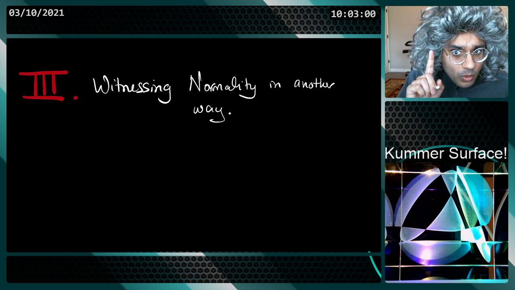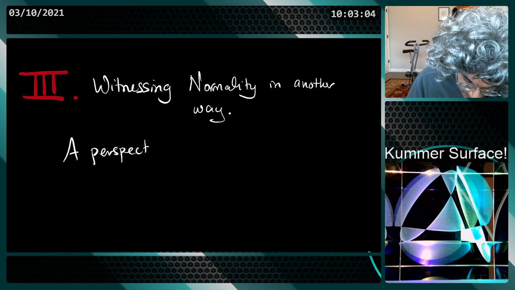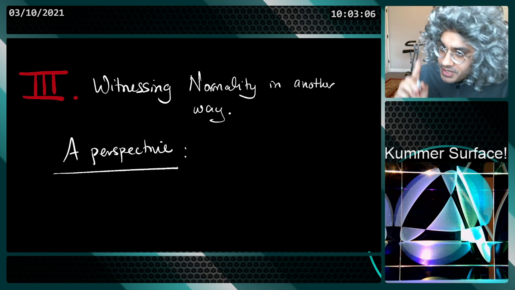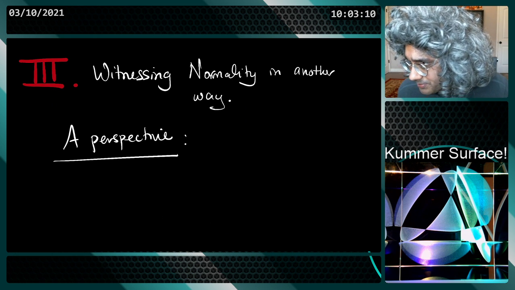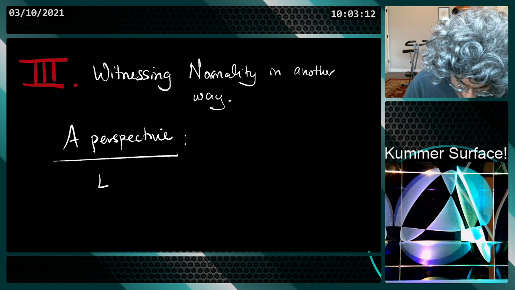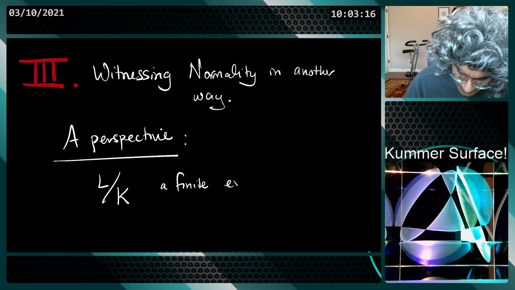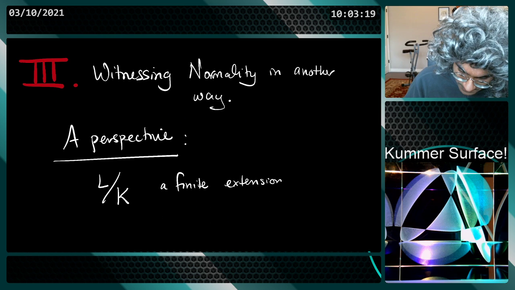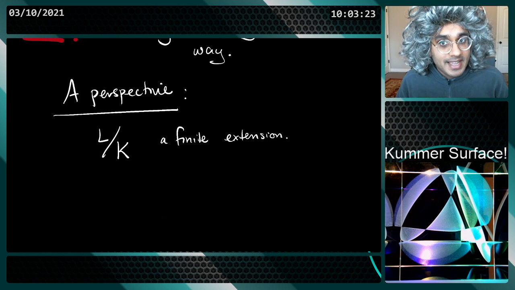Okay, so here's a perspective. And I've written about this perspective in one of the notes I wrote a while back. Suppose you have a finite extension. Consider the following set.